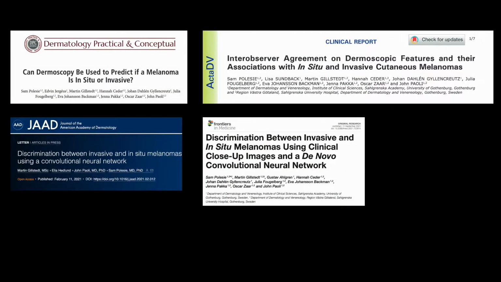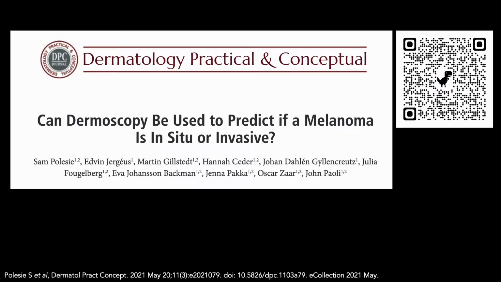These are the publications I will discuss with you during the remainder of my talk. The first publication was published in Dermatology Practical and Conceptual, and for those of you that are particularly interested in this topic, please find the QR code on the right-hand side. Using this link directs you instantly to the online version of the manuscript.